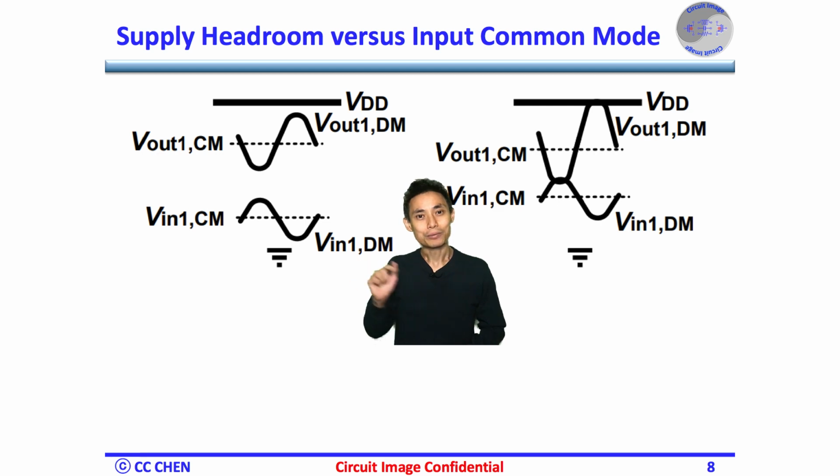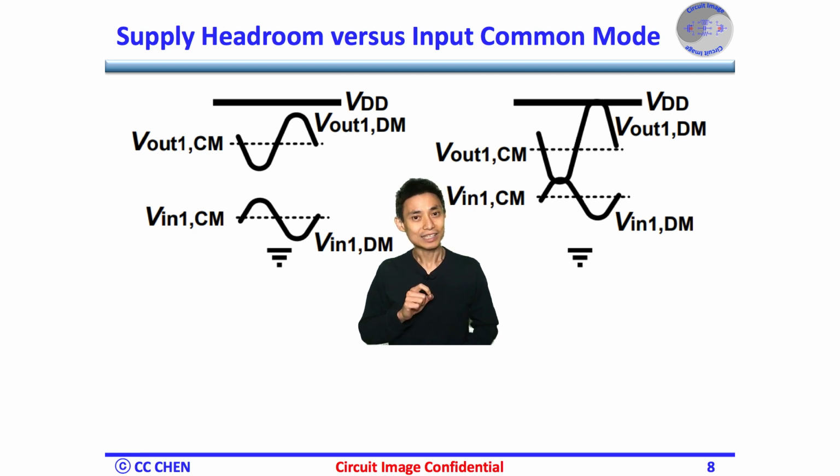Let's look at the waveform image with the same input swing but different input DC levels as a case study here. As you can see, on the left-hand side, the low input DC level case leads to the output DC voltage plus output AC swing still under the supply level.